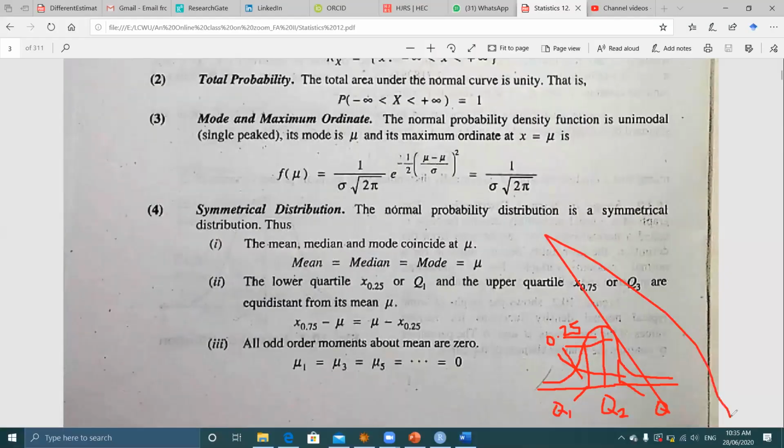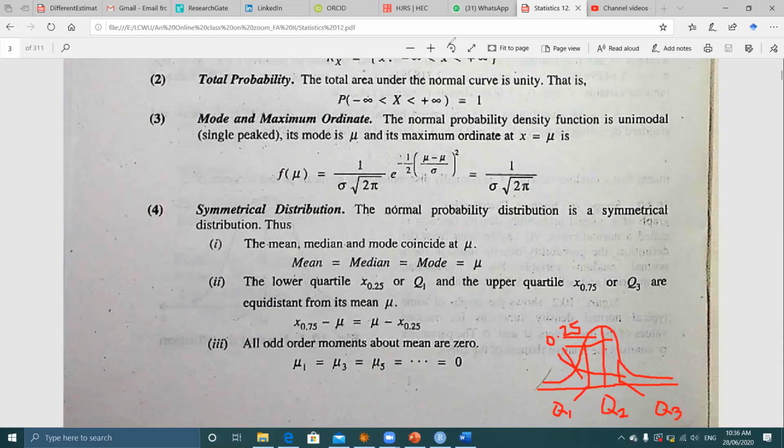So, taking the eraser. Okay. This is your Q3. Okay. So the difference between this point Q2 to Q3, this distance is the same.